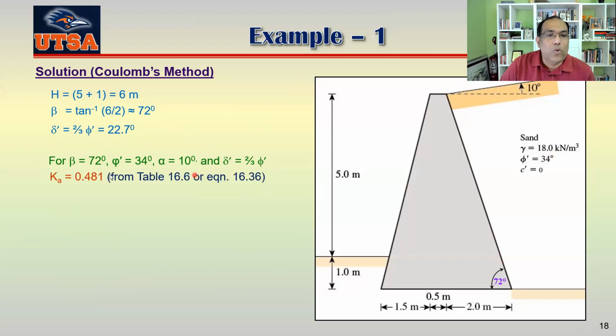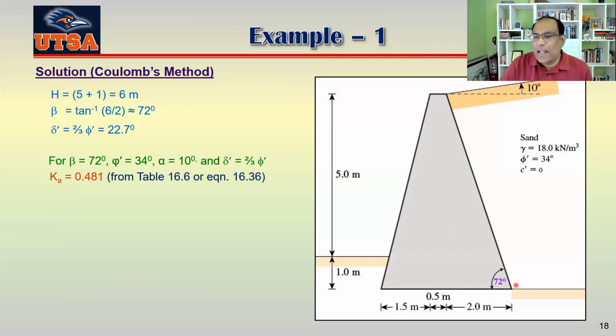So we can go to table 16.6 or equation 16.36, and we can find our Ka from there, which is 0.481. One of the other differences here is that since we don't draw that line AB here, basically any soil here will not be part of your stability analysis, okay?